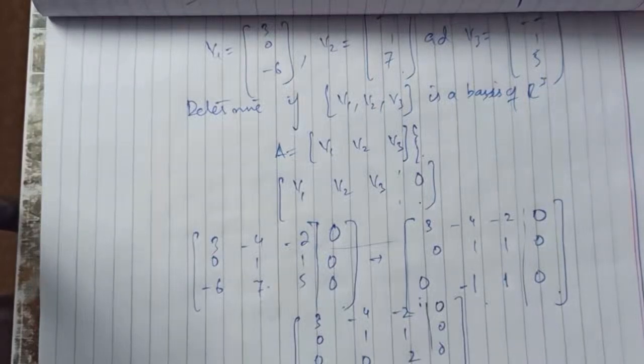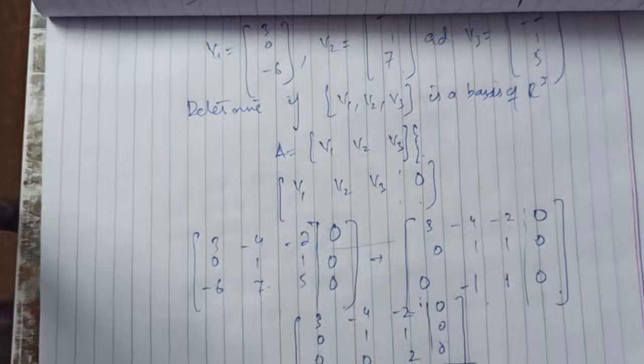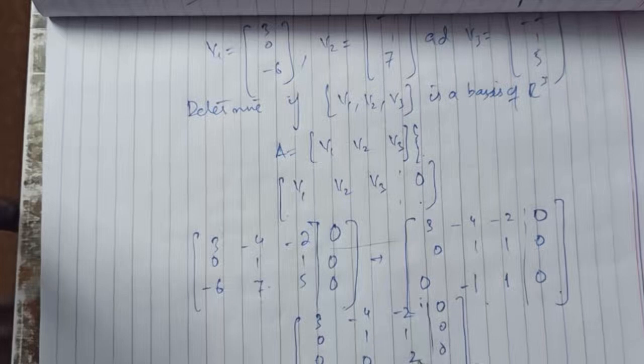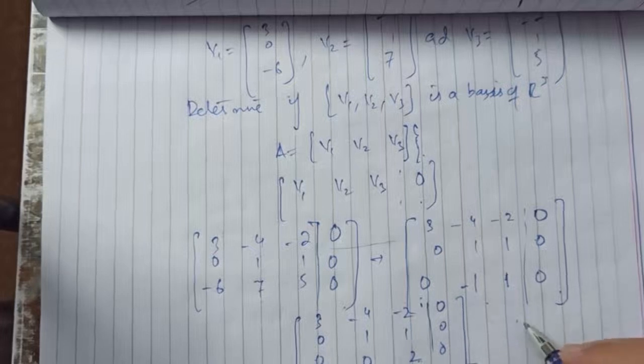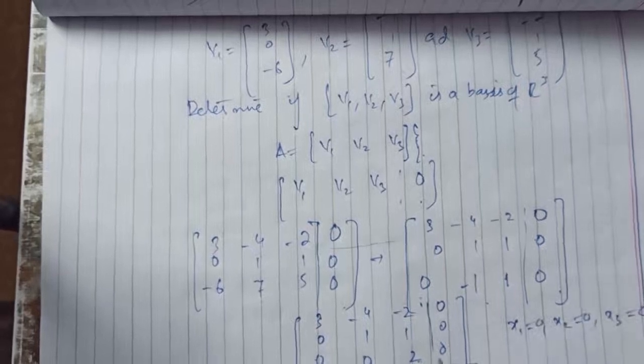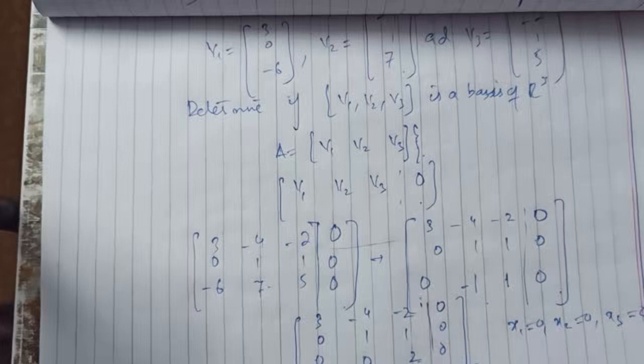So we can see here that this augmented matrix is actually consistent, and the only possible solution we have for this is x1 equal to 0, x2 equal to 0, and x3 equal to 0, because here 2x3 is equal to 0, and when you put x3 equal to 0 in here, you get x2 equal to 0, and similarly all of them are zeros.